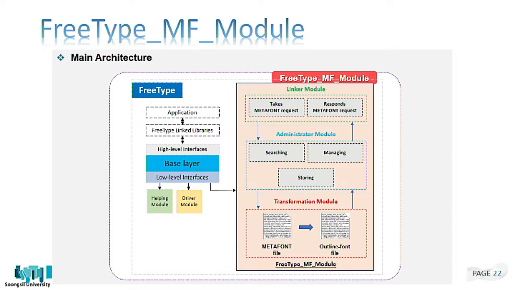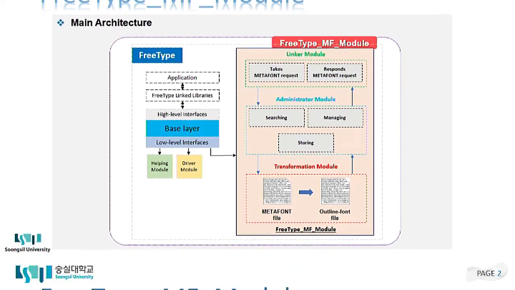The linker module receives the Metafont request and passes it to the administrator module, which searches. If it already exists, it bypasses it. If it doesn't, it goes to the transformation module, and the Metafont file is transformed to an outline font inside Freetype. Then it goes to the administrator module, is stored, and is passed to the Metafont request.